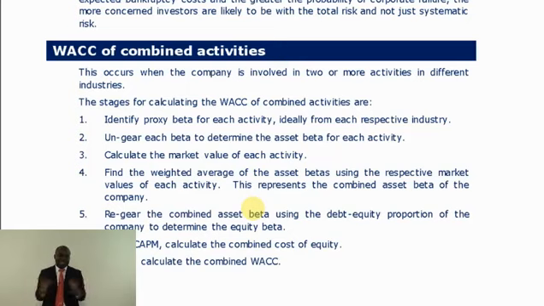When you understand them well, I'll bring the two of them together for you if you want, because I can use this, get this one and put it there. Instead of me re-gearing, I will take the beta ungeared. If I take a beta ungeared and I put it in the CAPM formula, it will give me cost of equity ungeared. And we all know cost of equity ungeared is the same as WACC ungeared.